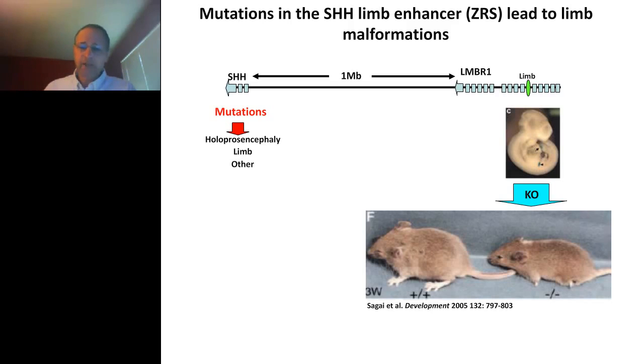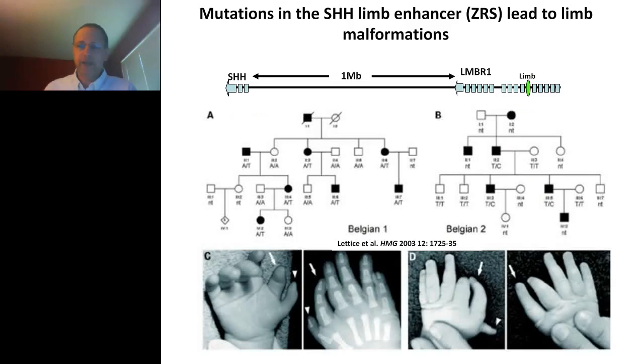In addition, if we sequence patients who have an extra finger, everybody who has an extra finger in these families here has a point mutation in the sonic hedgehog limb enhancer, and you can see that these point mutations segregate nicely with the phenotype itself.